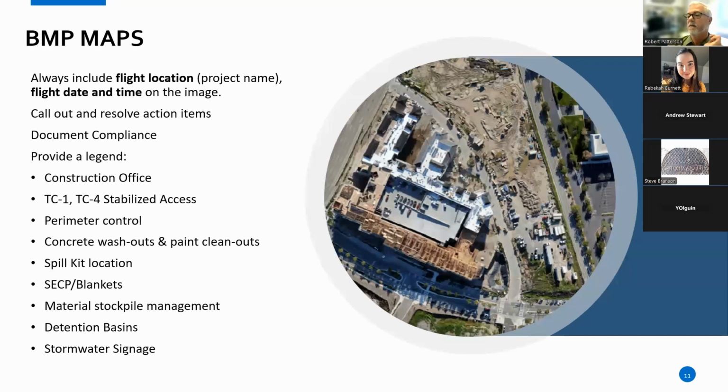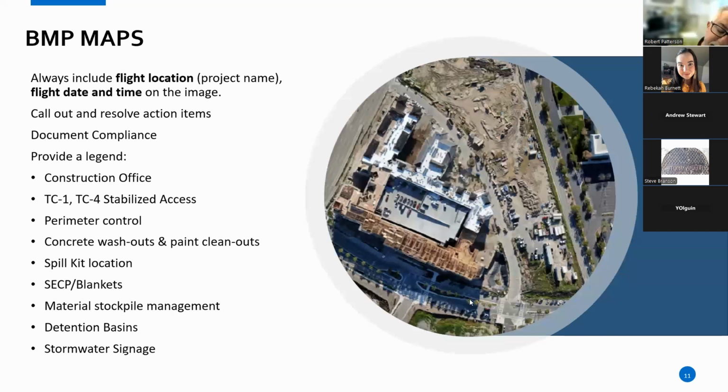This is a site that we're putting a BMP progress map together, which I don't know if every state requires the BMP progress map. I think that most do, and the federal permit does, where you have to document the items that were put on your site with dates and times and initials.